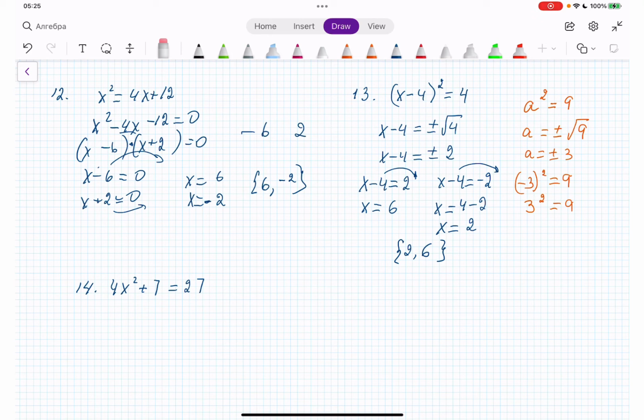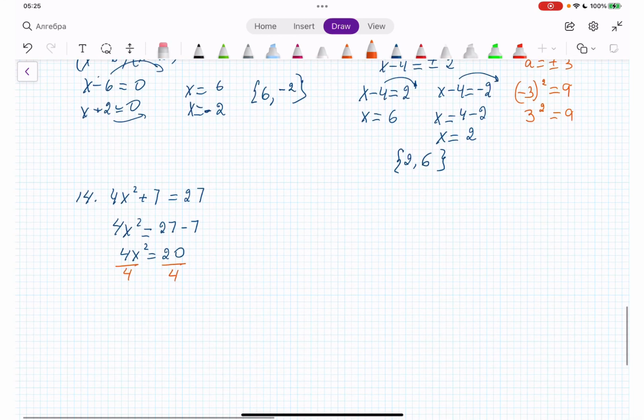So 4x squared is going to stay on one side, and 7, I'm moving to this side. So I can combine it with 27, and it's going to be 27 minus 7. Okay, 4x squared equal 20. So since we need x squared, we divide by 4 here, and accordingly also on this side.